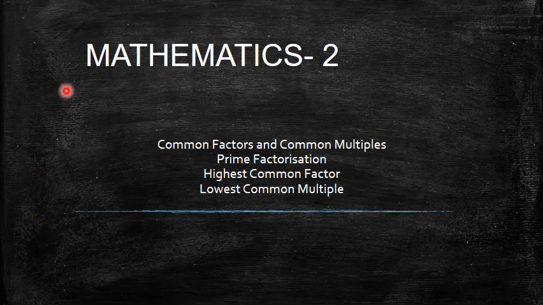I hope you enjoyed the first video on mathematics revision, which was on factors and multiples. Let us see what we have in this video, Mathematics 2. Herein we shall be revising common factors and common multiples, prime factorization, highest common factor, that is the HCF, and the lowest common multiple, that is the LCM.